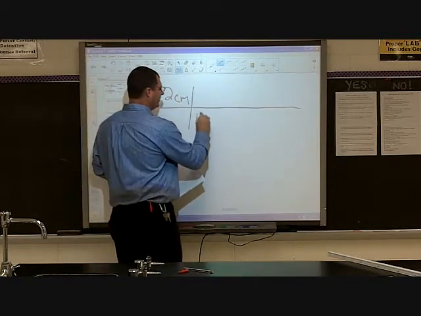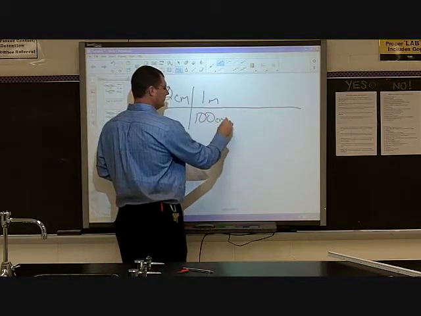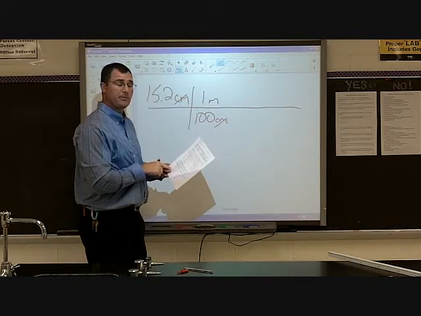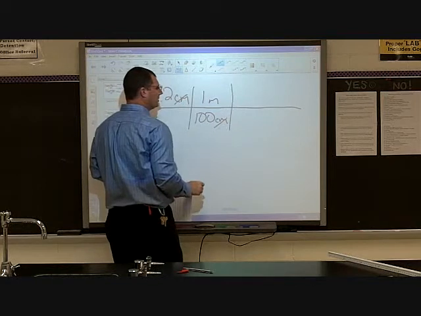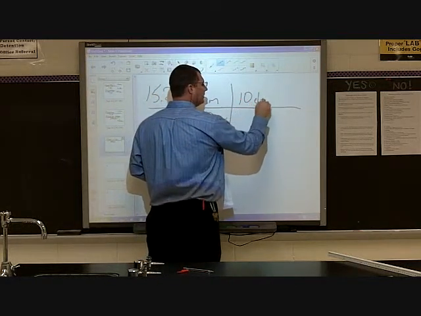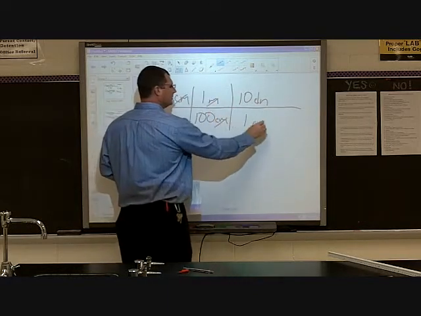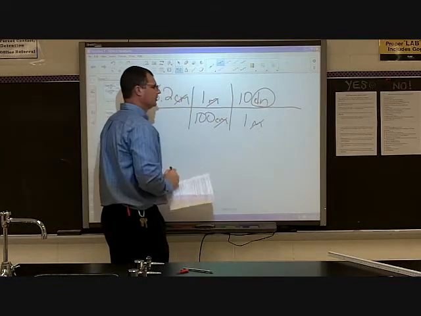I know there are 100 centimeters in 1 meter. Centimeters cancel. I've got it to meters now, but according to my paper, I'm trying to get to decimeters. So, I'm going to do one more step. There are 10 decimeters in every 1 meter. Meters cancel, and I'm left with decimeters, which is where I was trying to get.